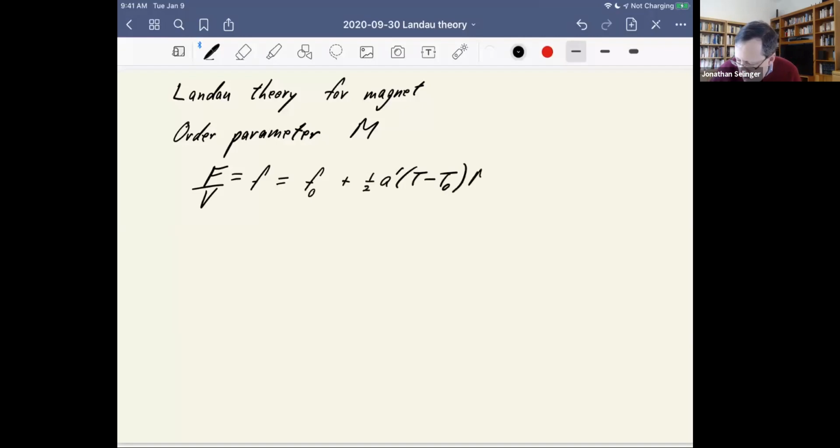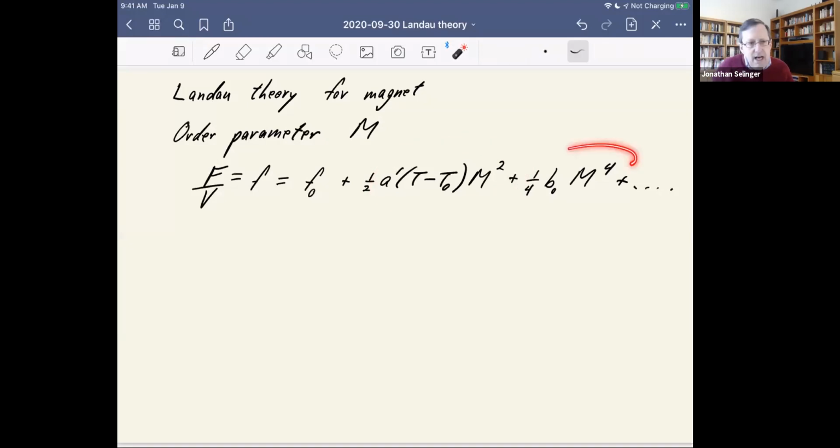And the argument on Monday led up to this sort of expression. We said the lowest order dependence on m for small m would have this quadratic term and a fourth order term. There could be higher order terms also, but they'll be smaller.